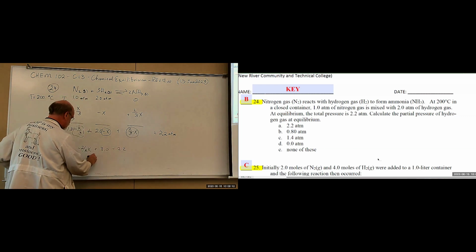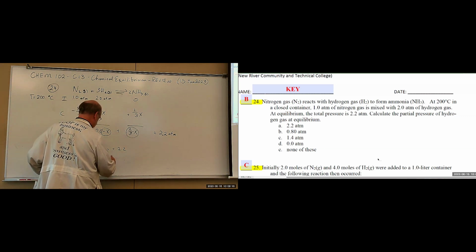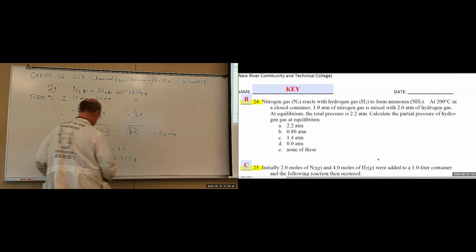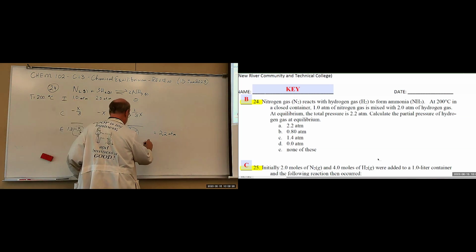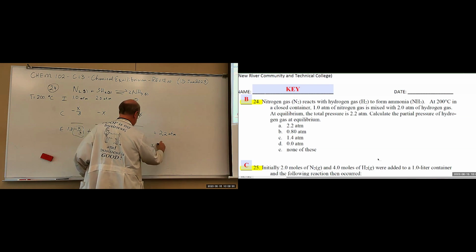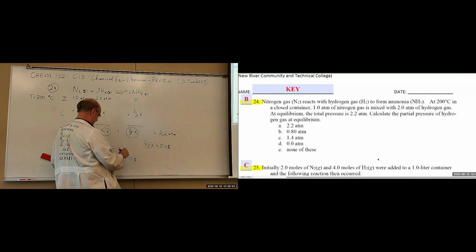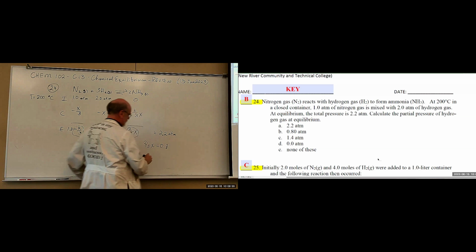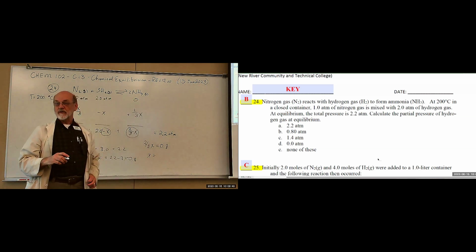And so now we have minus 2/3 x equals 2.2 minus 3, which is negative 0.8. Both sides are negative, so we can just say 2/3 x equals 0.8, excuse me. There we go. Okay, so x is equal to what? 3 times 0.8 is 2.4.